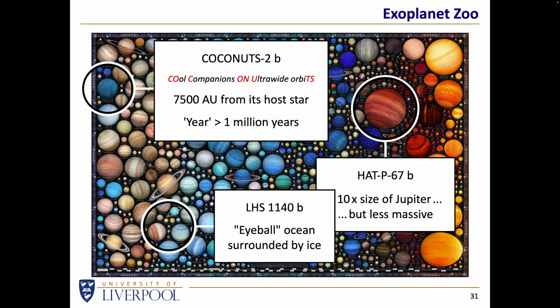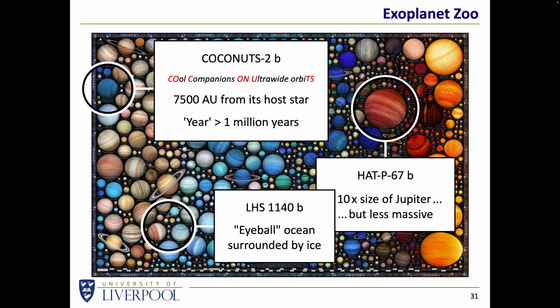We think it's at the right sort of distance for water and ice to exist. But it's relatively close to its host star, and we think it's close enough to be tidally locked, just like our moon is tidally locked to the Earth, so the moon always faces one face towards us and never the far side. So it's thought that this planet is tidally locked to its star.